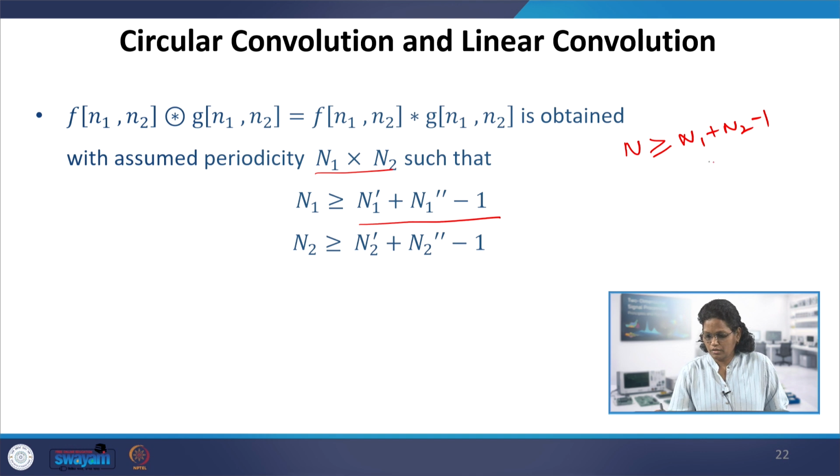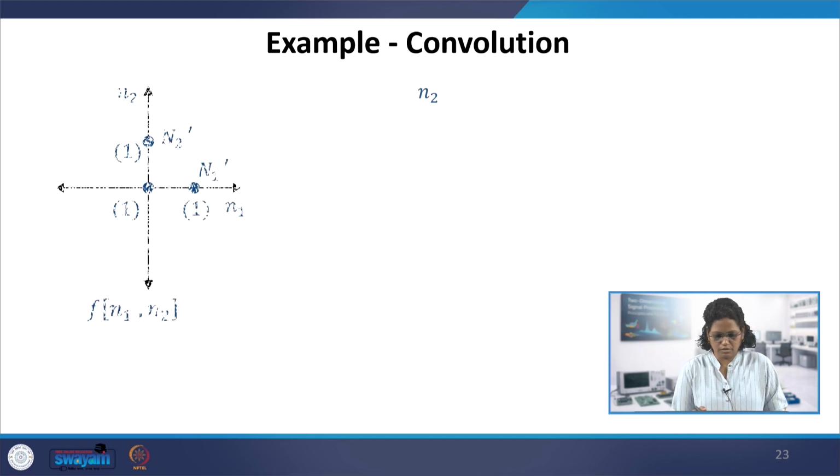So the linear convolution length is equivalent to circular convolution when the circular convolution length N is at least n1 plus n2 minus 1. Greater than this, the circular and linear convolution results will be equal. We will see with an example how they become equal.